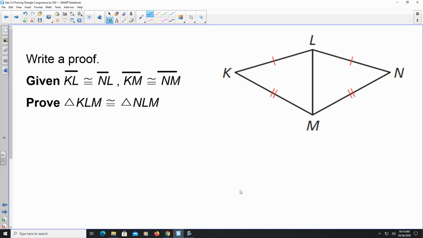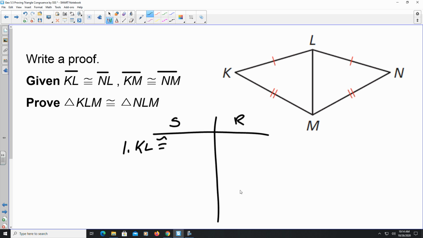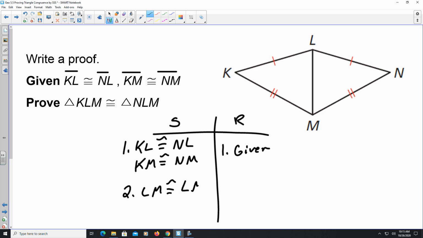So when we write out this proof, we have our statements and our reasons. Our first one is KL is congruent to NL, and they also say that KM is congruent to NM. That was given to us. The second part is that LM is congruent to LM because it's part of both triangles, due to the reflexive property.